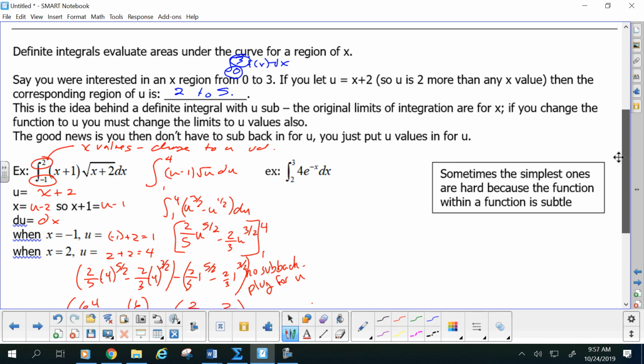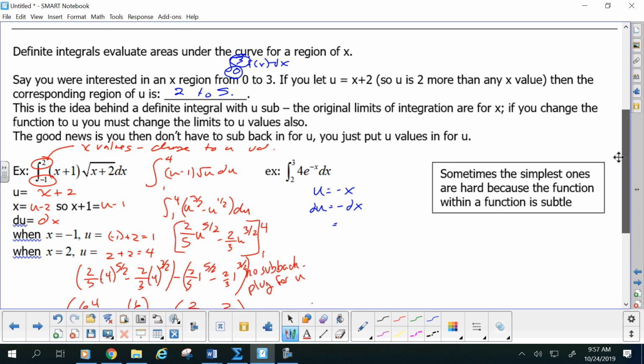Might not even seem like a U sub problem because it doesn't look like a product of two things. And yet it is, because it's got a function within a function. What's your U? Negative x. There's negative x inside e to the. Negative x is the inside of the composite. Therefore, du is -1 dx.